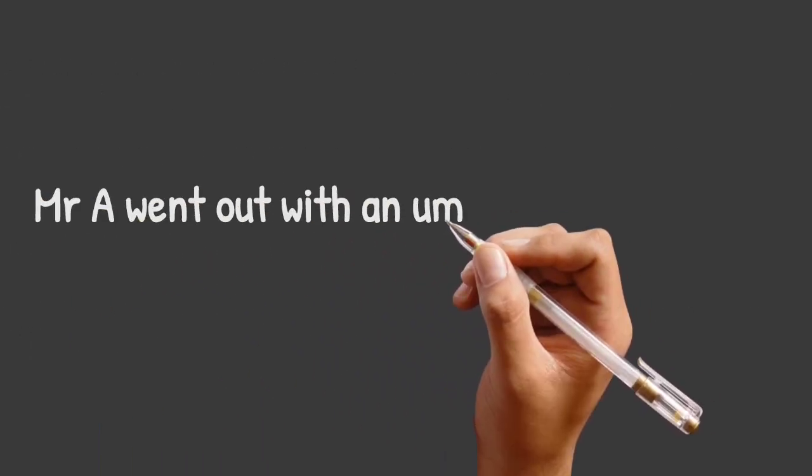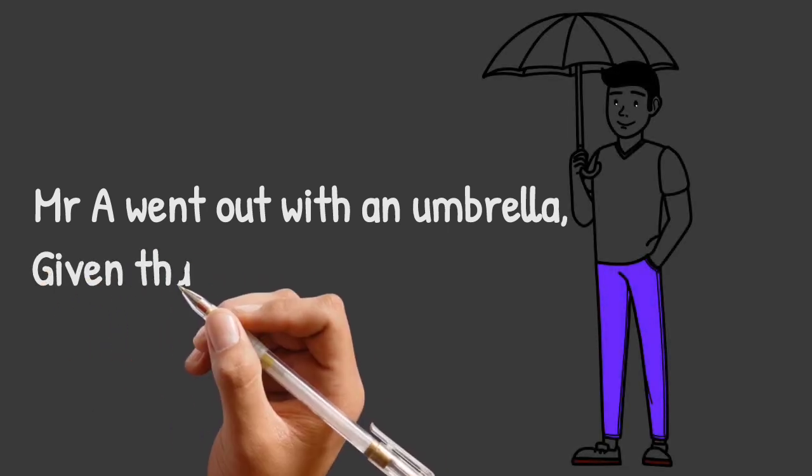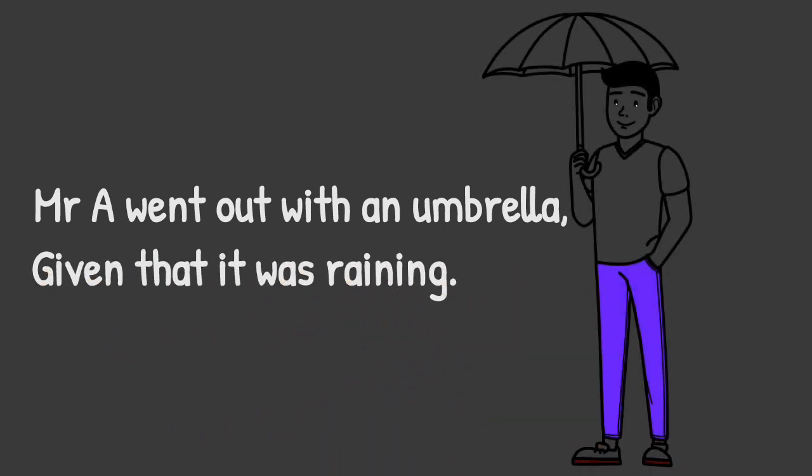For instance, you could say Mr. A went out with an umbrella, given that it was raining. Now you could see the event of rain has caused Mr. A to go out with an umbrella. One event has led to another event.